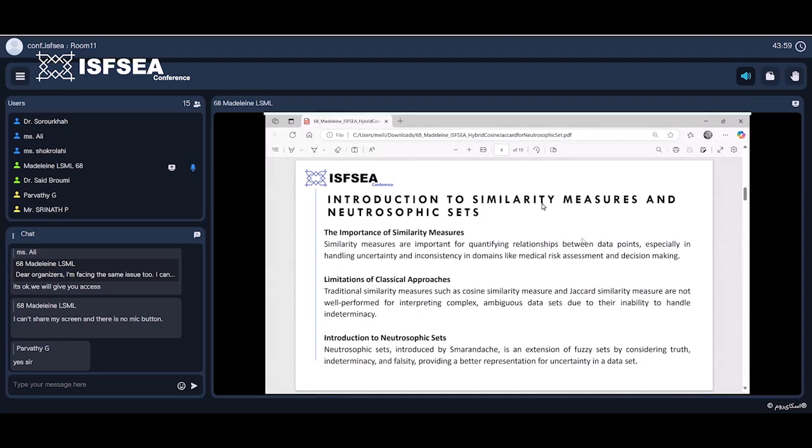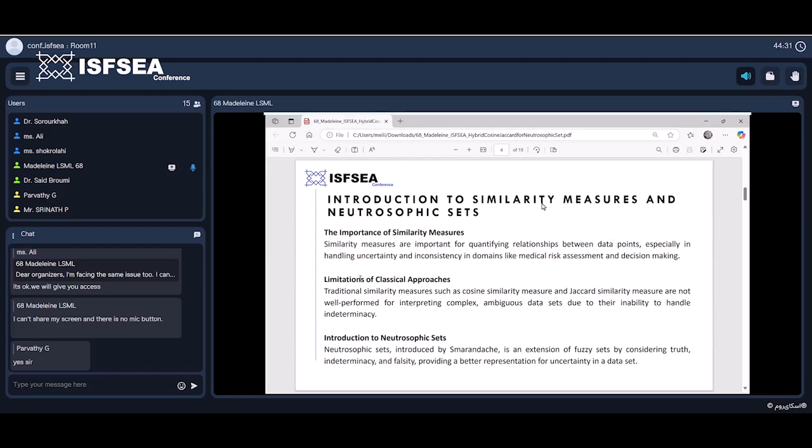Here is our introduction to similarity measure and Neutrosophic sets. So the importance of similarity measures is quantifying the relationship between data points, especially in handling uncertainty and inconsistency in domains like medical risk assessment and decision making.